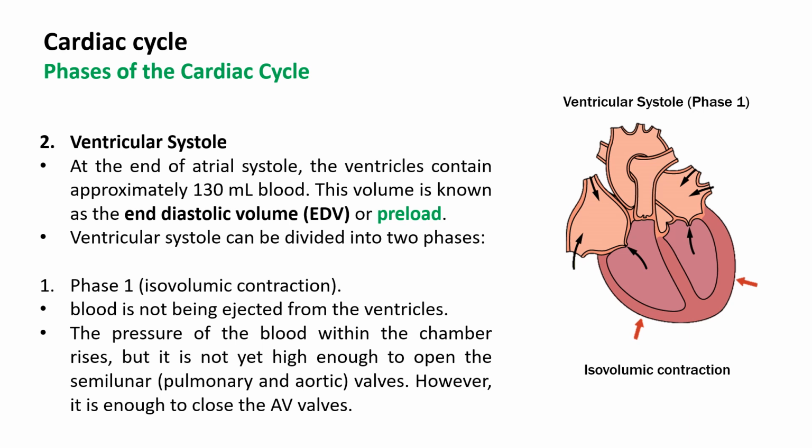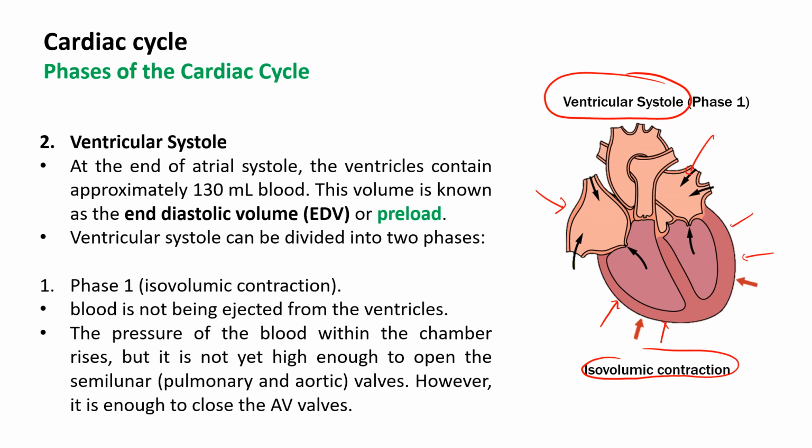Okay, so now that the atria have completed the systole, the atria are in diastole, as you can see here, right? And then the ventricles start systole, contracting. And this is extremely fast, right? Just fractions of seconds. There's a point which is called the isovolumic contraction, in which the ventricles start contracting, right?